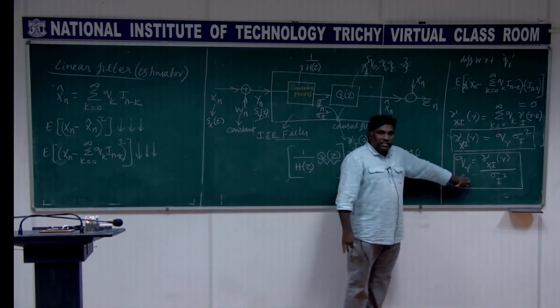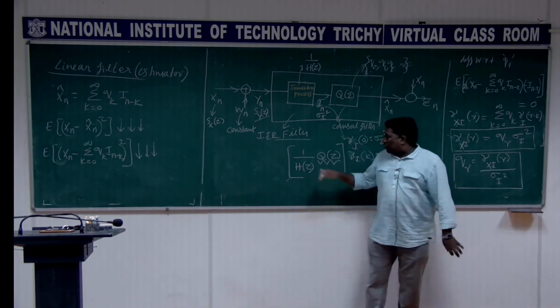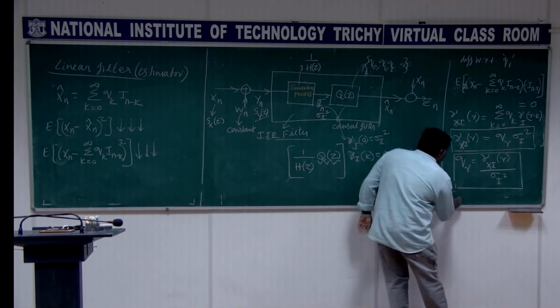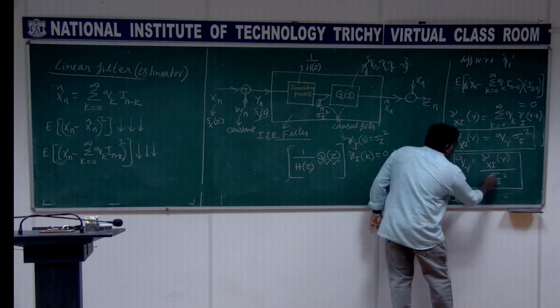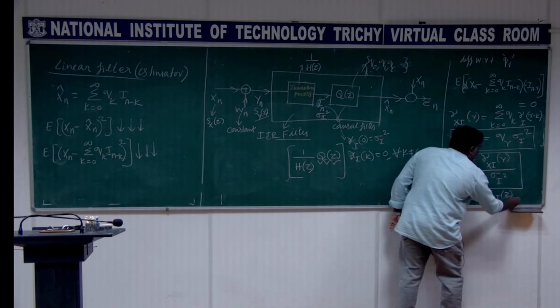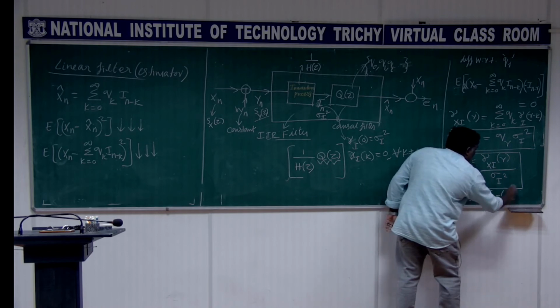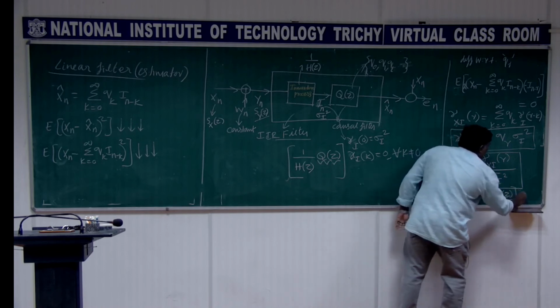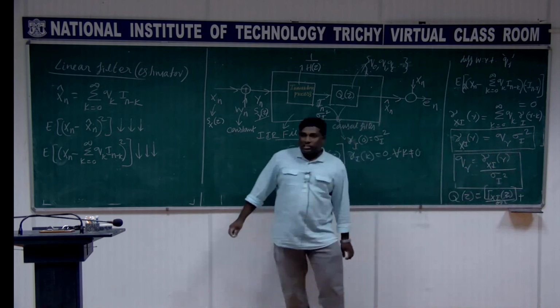As far as this Q of z is considered, what I really mean by that is, you take the z transformation of this and take the causal part. This is the representation.